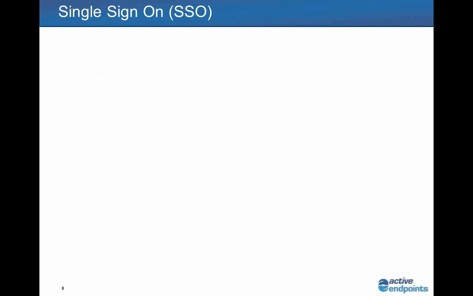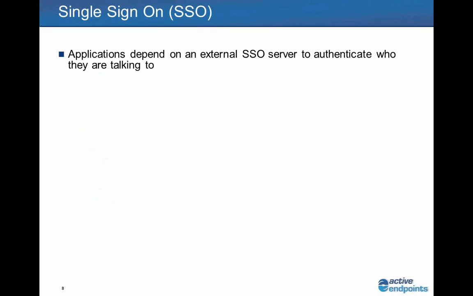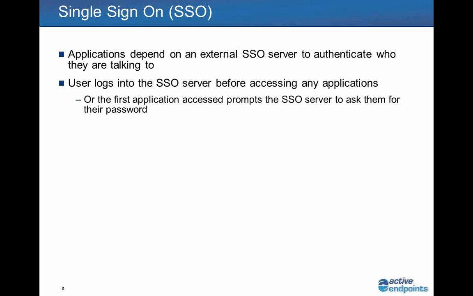So now, finally, we get to actual single sign-on. In this, applications depend on an external SSO server to authenticate, we've already talked about that word, who they're talking to. The user logs into the SSO server before using any of their applications, or the user uses some application and it says, wait, they're not logged in, and it tells the SSO server to get their login.